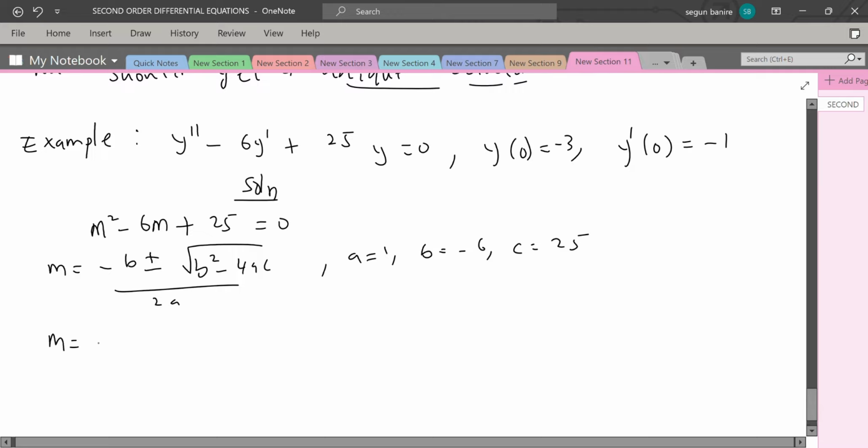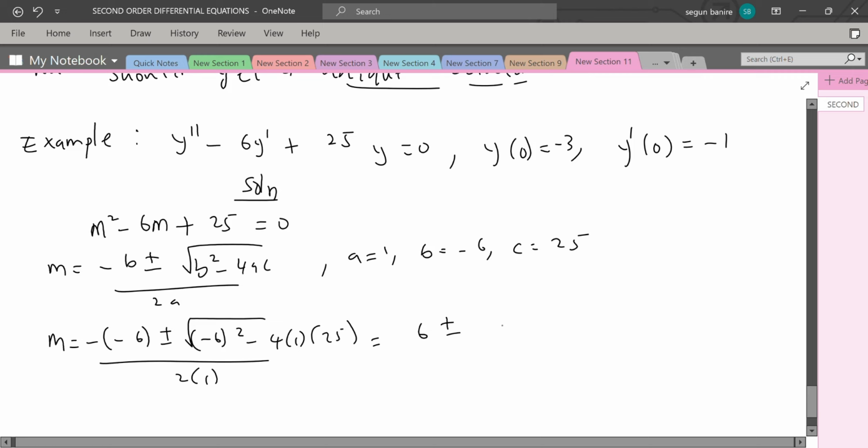So minus minus 6 plus or minus the square root of minus 6 squared minus 4 times 1 times 25, then we divide it by 2 times 1.